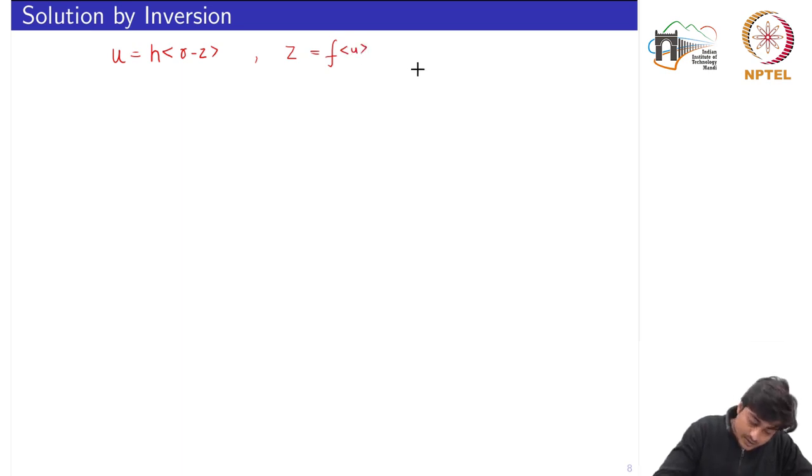Okay, so the idea we are going to pursue here, let's say this is our plant, the function of y, and this is u. The controller u would be a function h of the input signal.